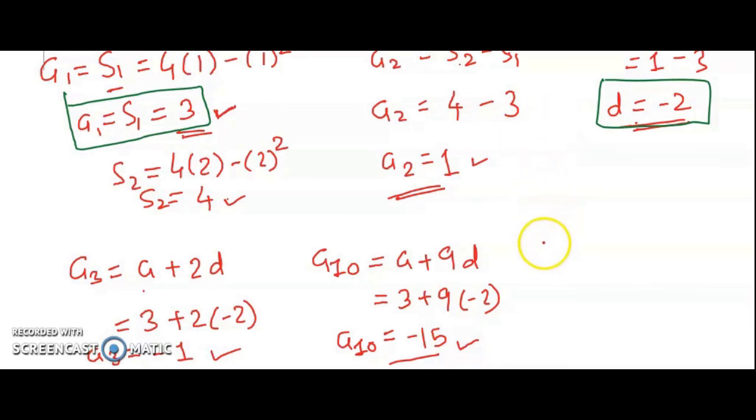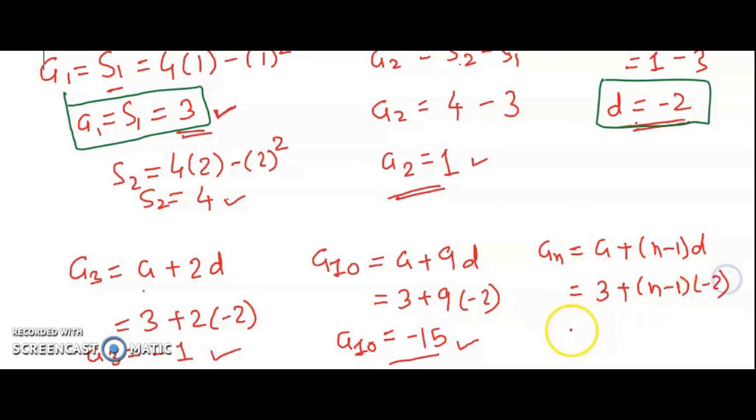Now another question is, we have to find the nth term. The nth term is an, so we use the formula an equal to a plus n minus 1 times d. In place of a we put 3, and in place of d we put minus 2. Now multiply minus 2 into the bracket, so we get minus 2n, and minus times minus is plus 2.